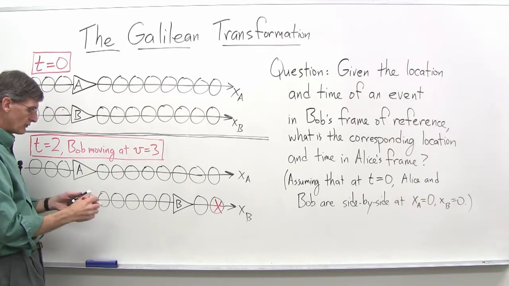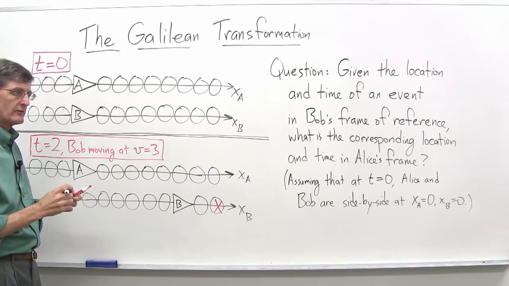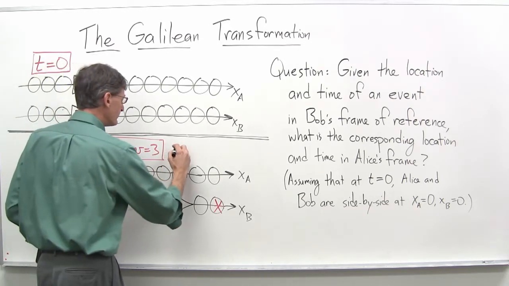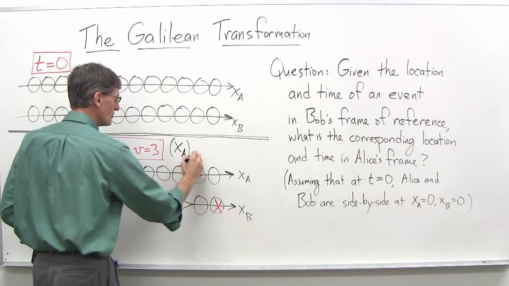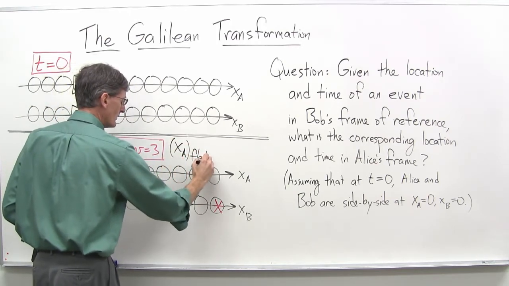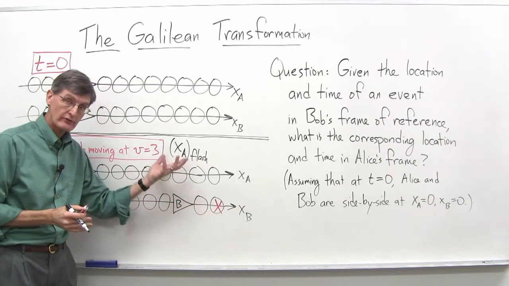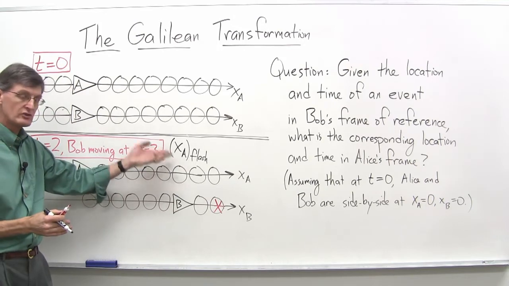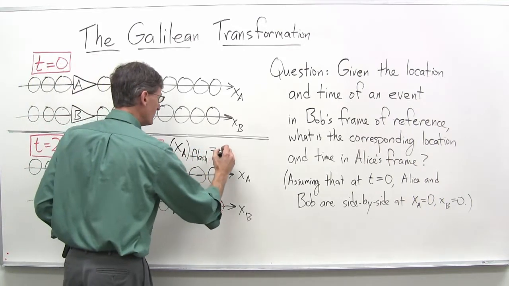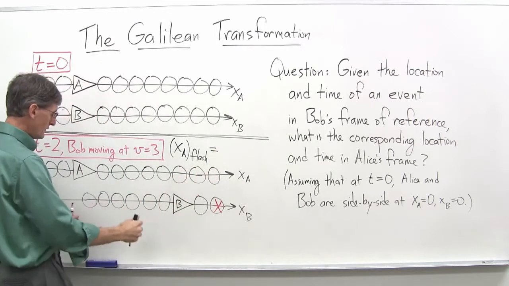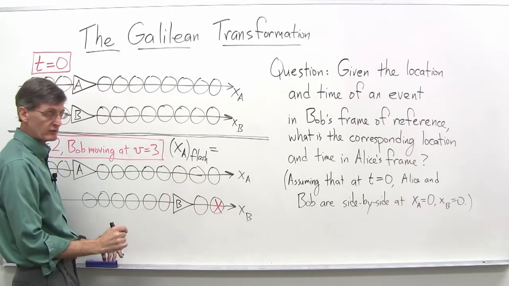And so we can actually say, there's just a little equation here. We can say that xa of the flash, in other words, we know the position of the flash in Bob's frame of reference is at position 2. What's the position of the flash in Alice's frame of reference? Well, it's simply going to be the distance Bob has moved plus where he sees the flash occurring.